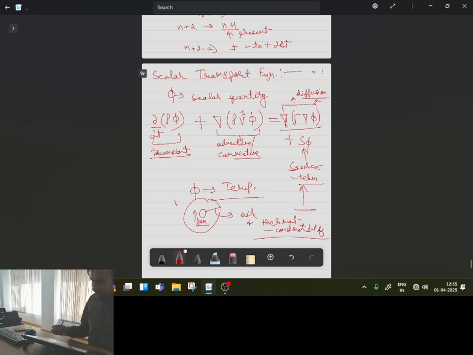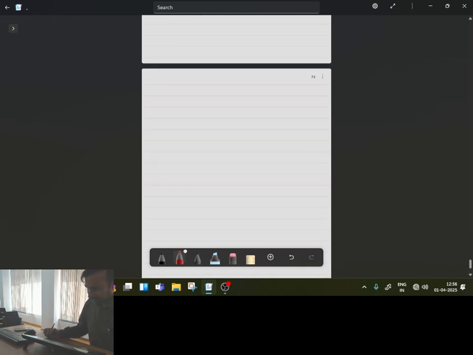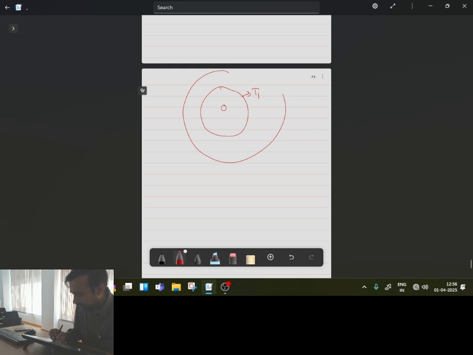So what you will be experiencing, like earlier, if this was the source of fire, in all the directions heat was propagating at a uniform value. So this should be a circle, T2, and T2 was less than T1. Now whenever you have used a fan, say this side there is a fan, because of the fan what will be happening?